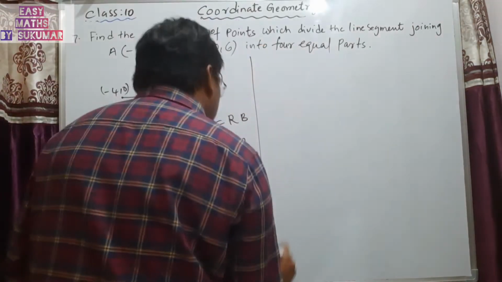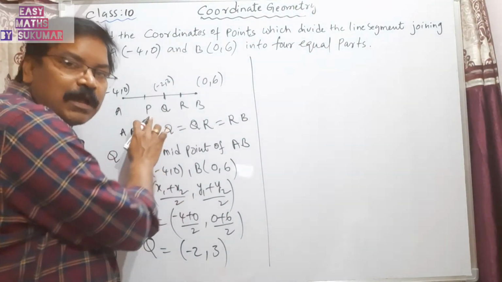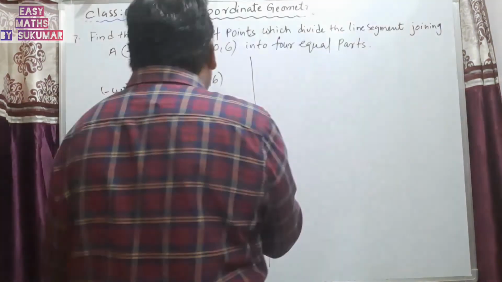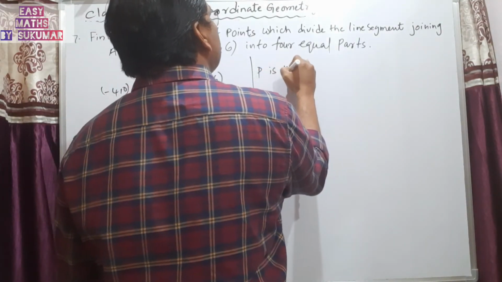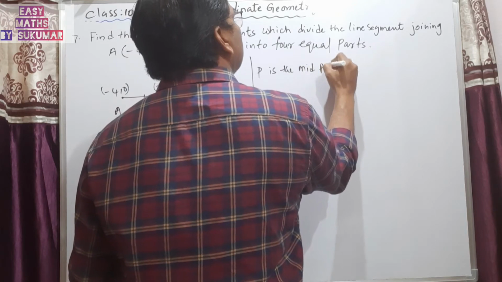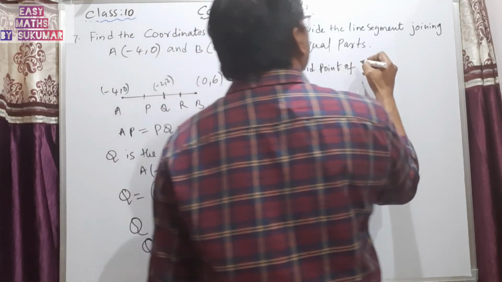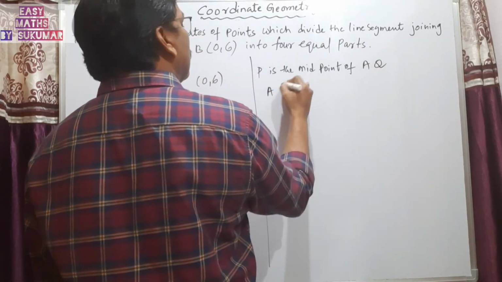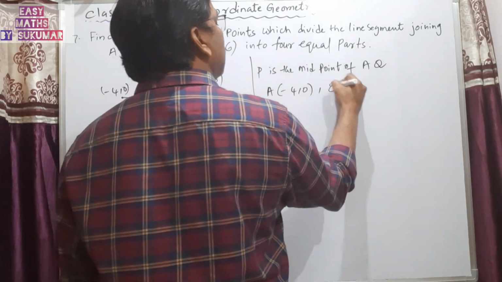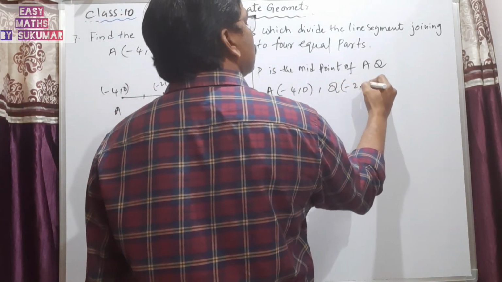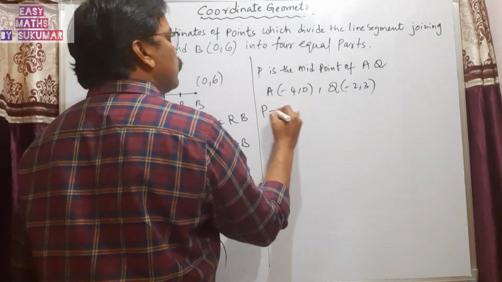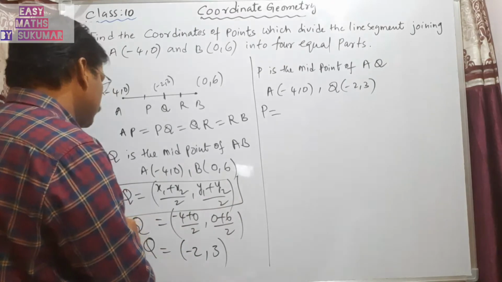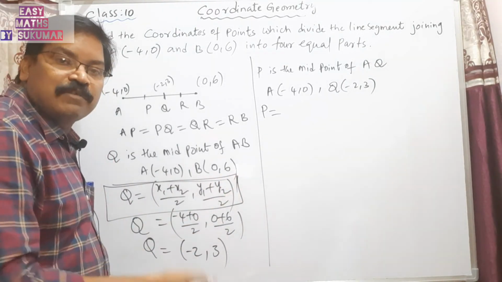Now the coordinates of P: if you observe this figure, this P is the midpoint of AQ. The coordinates of A and Q are minus 4 comma 0 and minus 2 comma 3. Let us find the midpoint of AQ now. We use the same formula, x1 plus x2 by 2 comma y1 plus y2 by 2.